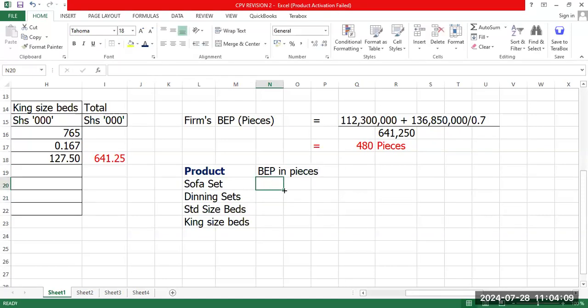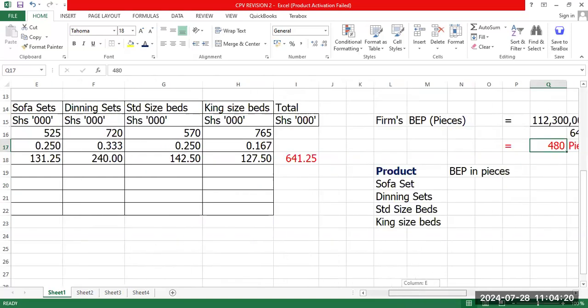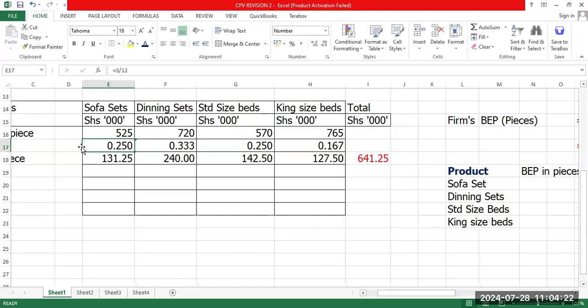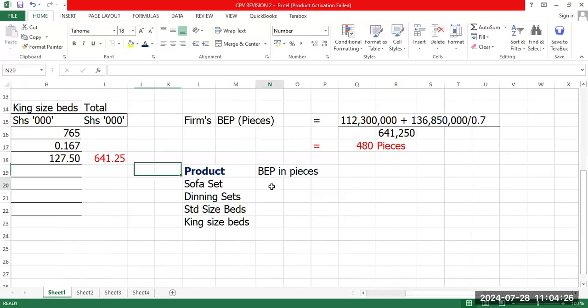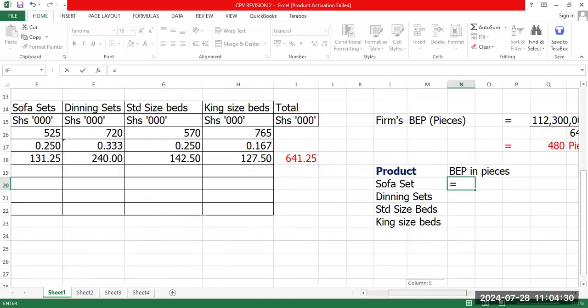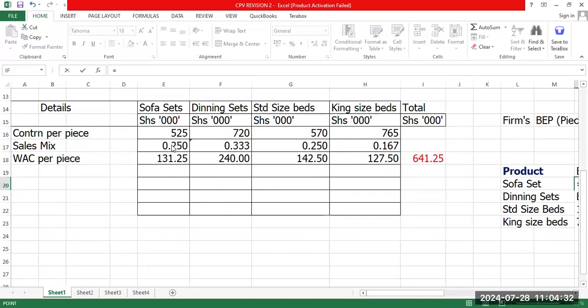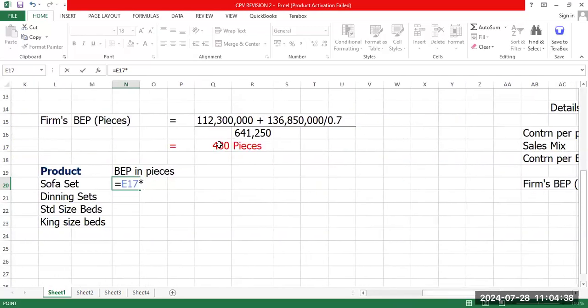And how are you going to get break-even point in pieces? You just get sales mix times this. Which sales mix? This one. So here, what is the sales mix for sofa set? This one I multiply by this one.